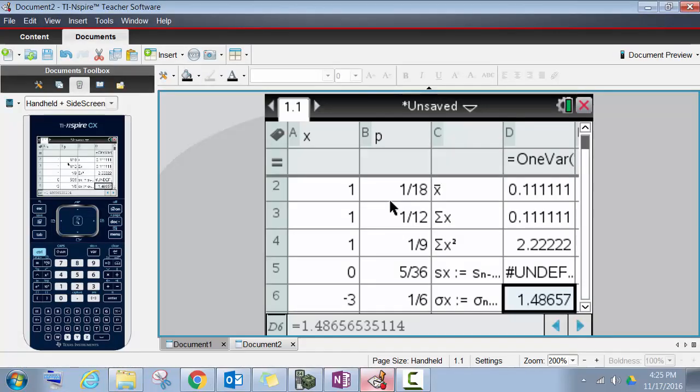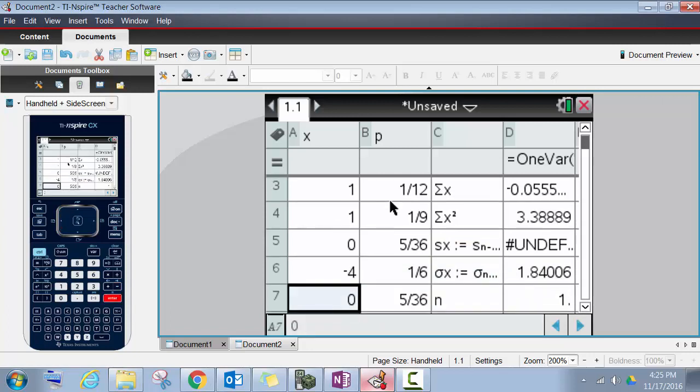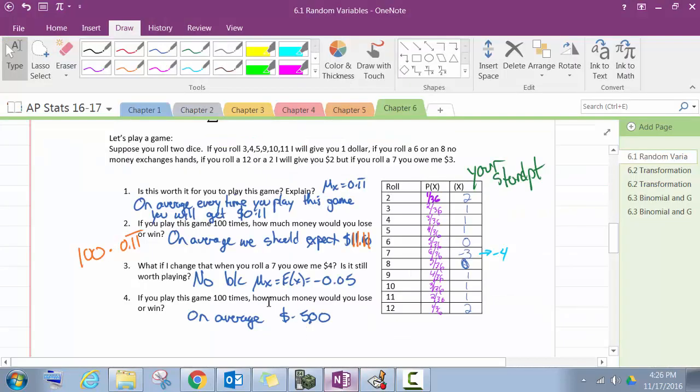Now the Inspire, what's nice is as soon as you change it, it updates. So it's right there. So, is it still worth playing? No, because the mean or the expected value, we need to know those are the same. The mean is the expected value over time.